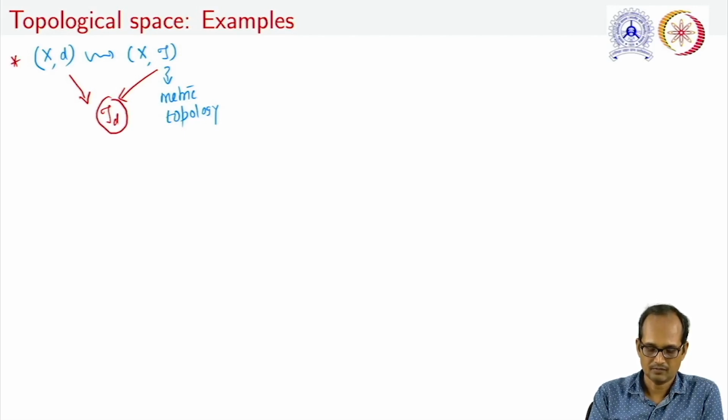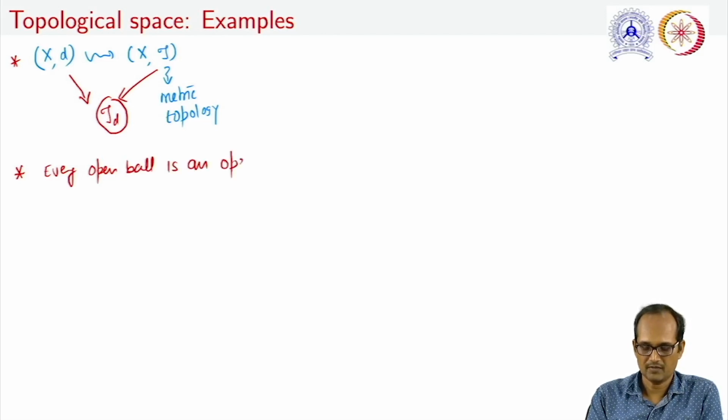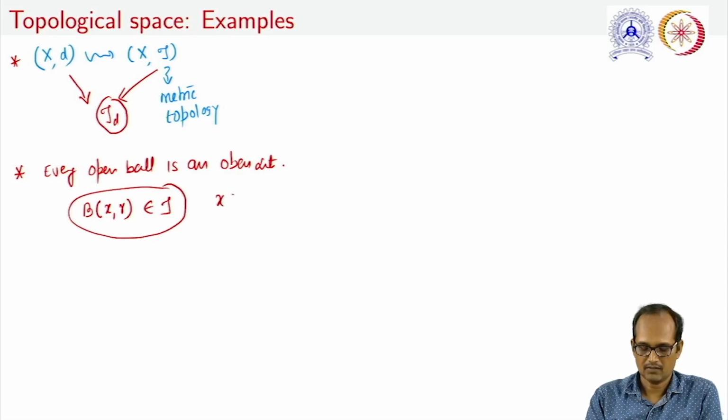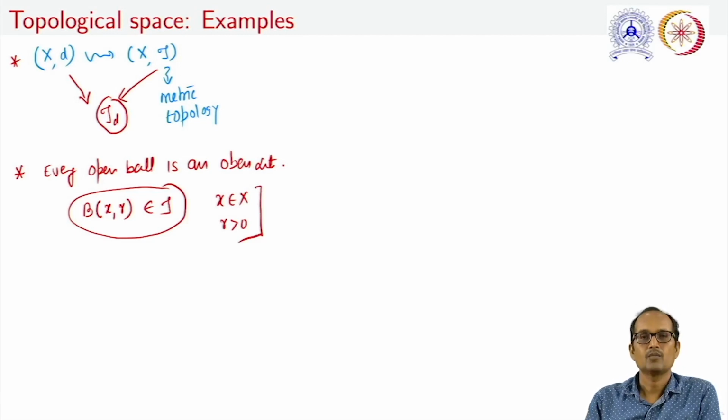Second, we already know that every open ball is an open set. Therefore, we can conclude that the open ball centered at x with radius r always belongs to tau d, x belongs to X, and r greater than 0. We will discuss some more concepts about metric topology, metric spaces, and topological spaces.